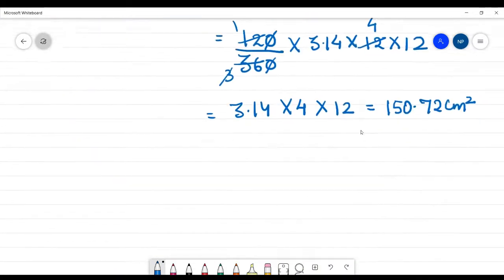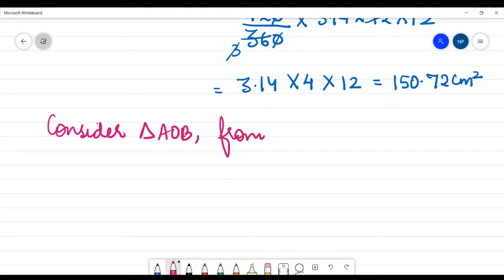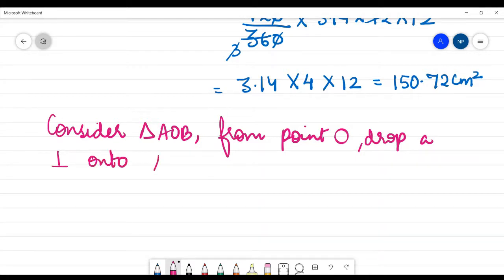Here, we are going to write, consider triangle AOB, from point O, drop a perpendicular onto AB.